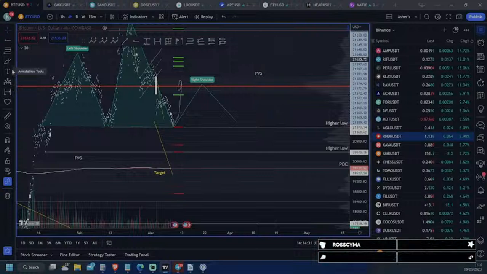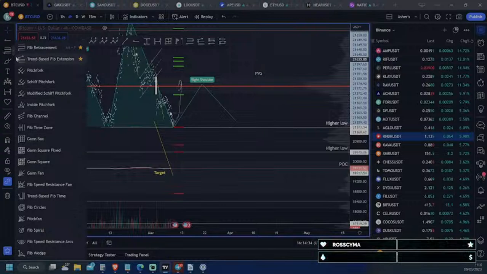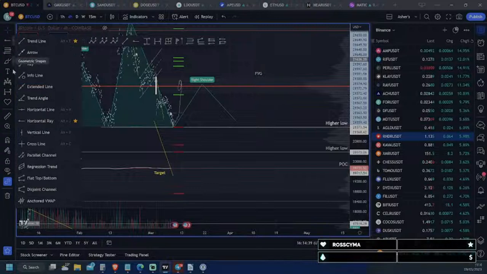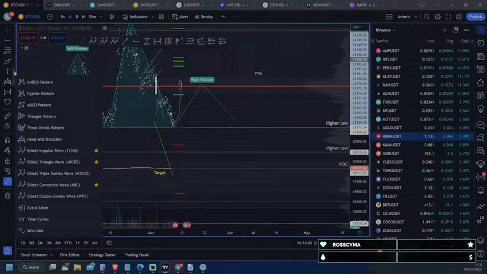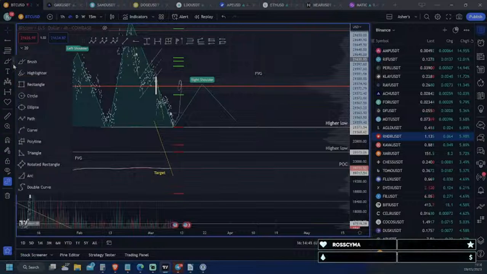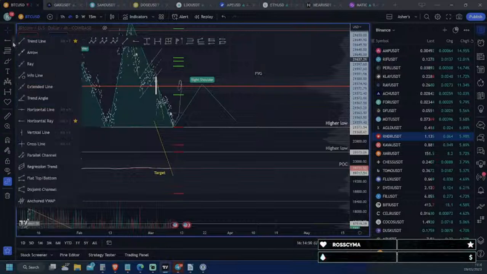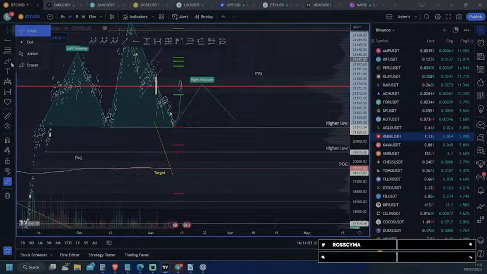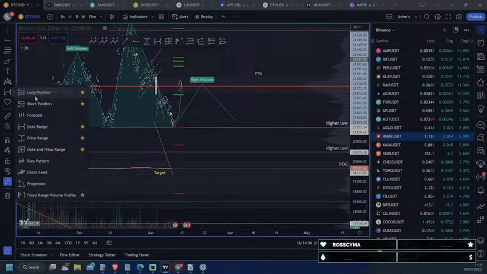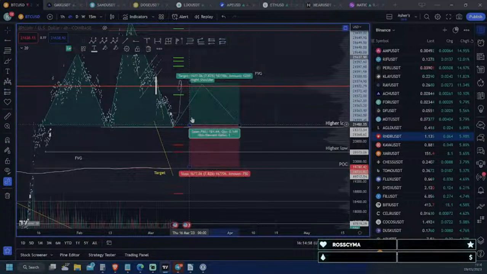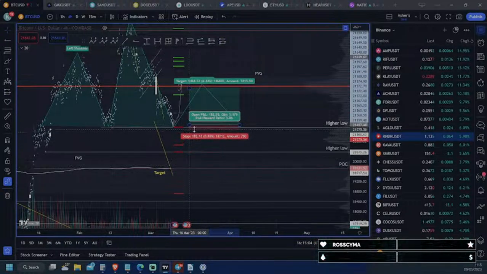So, pretty good RR. You could measure it up here. I don't know why I can't find it. Oh, there it is. You're potentially risking 1% for 6%.